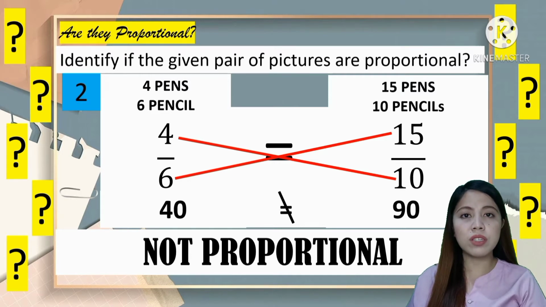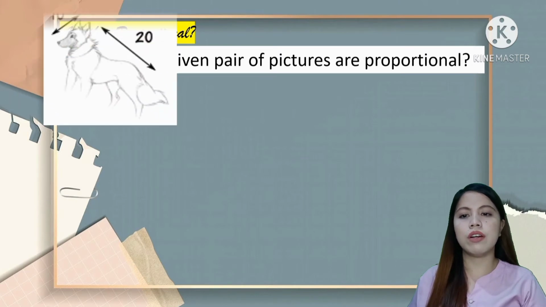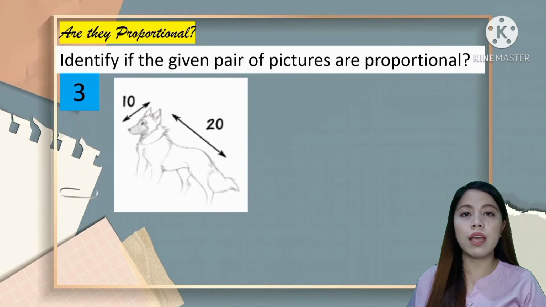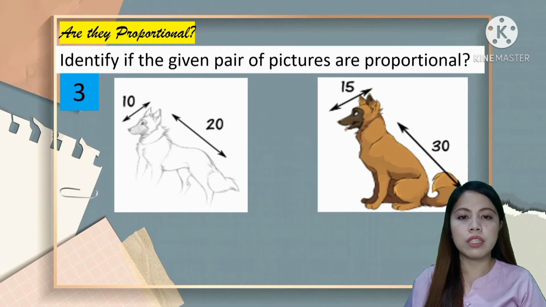Do you have any question or clarification regarding the second example? Okay, let us proceed with number 3. We have here a dog wherein his head measures 10 and his body measures 20. And the other dog wherein his face measures 15 and his body measures 30. Are they proportional?